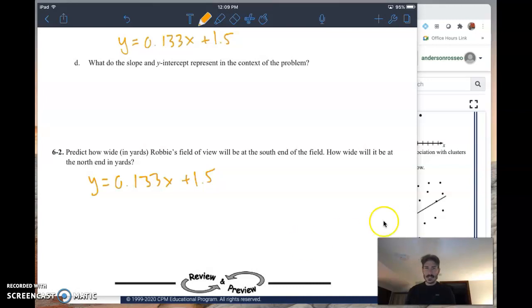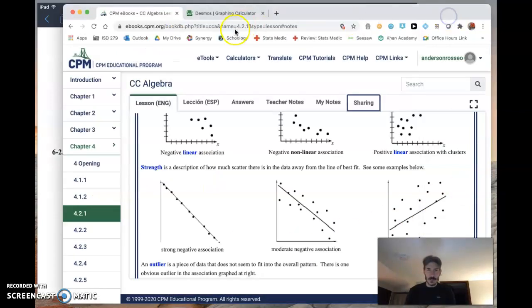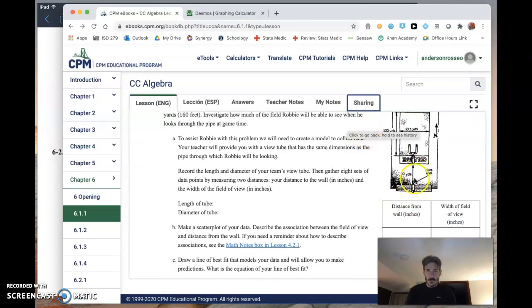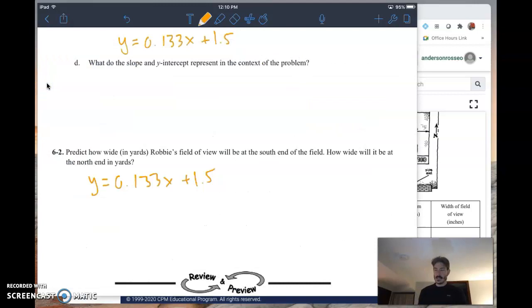Now, he's got a field of view, and I've got to back up here. If you recall, he's 50 yards from the edge there. Because mine deals with inches, I'm going to take 50 yards and multiply because there are 3 feet in every yard.